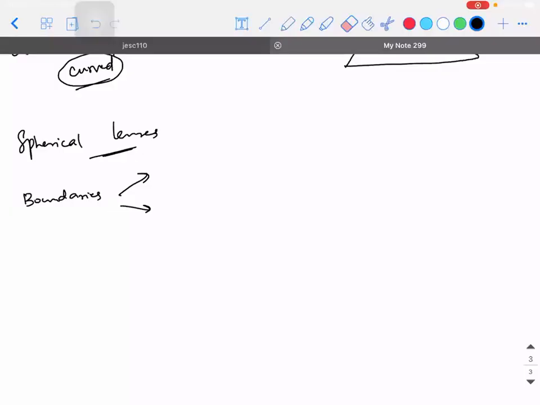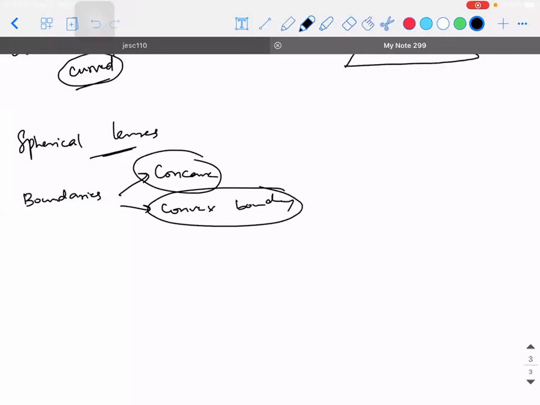One is a concave boundary, and the second is a convex boundary, right? So based on the type of boundaries that you use, lenses are basically classified into how many types? Convex and concave.